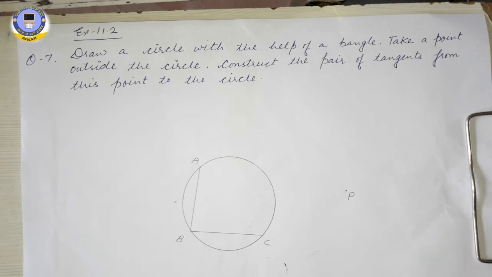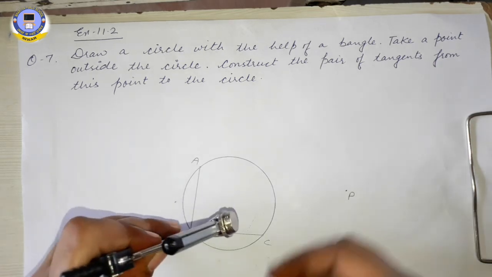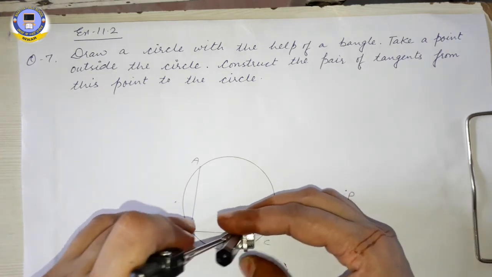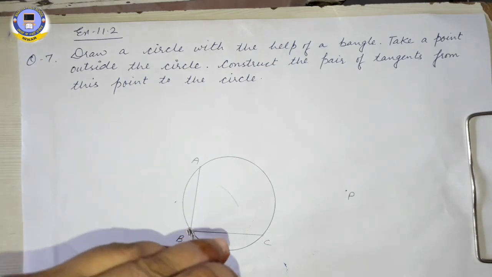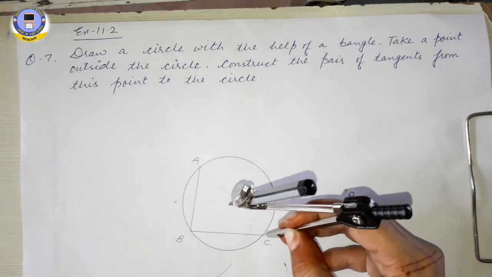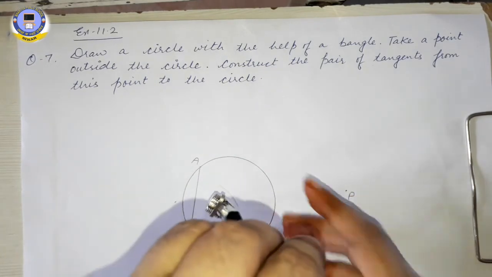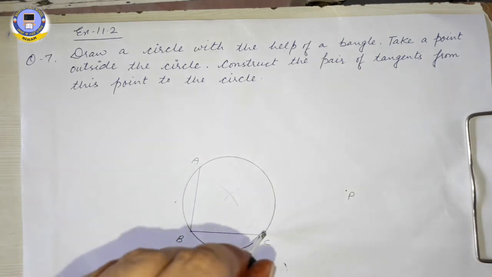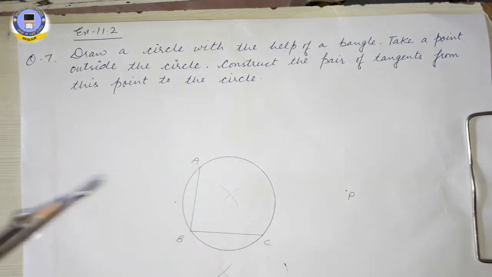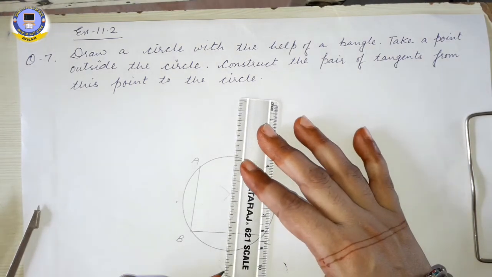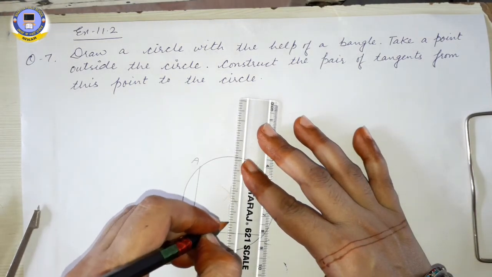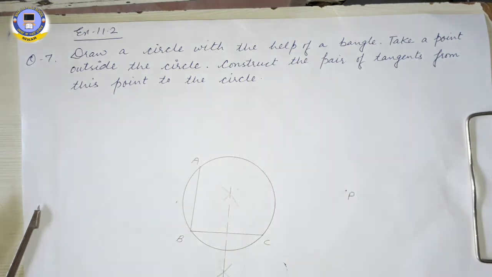So we'll keep our compass pointer at B and open it more than half of BC, and cut an arc upside as well as downside with the same radius. Taking C as center, cut an arc which will cut your previous arc. Join it with dotted lines. First of all join it, okay.